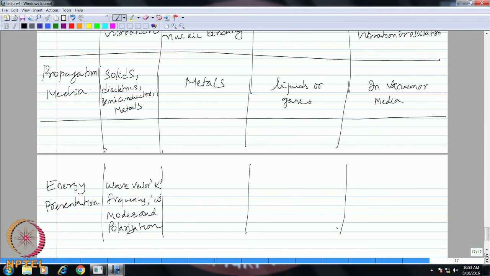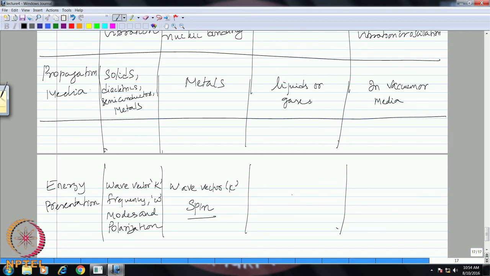Now, similarly, if you look at electrons, we can also describe this using wave vector, okay, and also a specific property called spin, which is unique to electrons, based on the Pauli's exclusion principle. So, we will again come back to that.